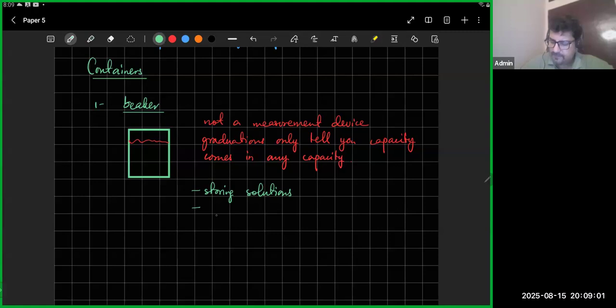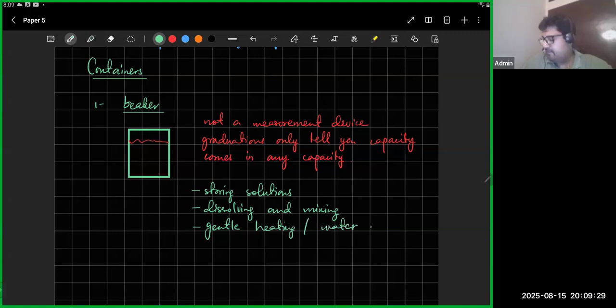So it's used for dissolving and mixing. What else? You can use it for heating, especially when you want to gently heat something. So उसका example है, you use it as a water bath. You put a thermometer inside.